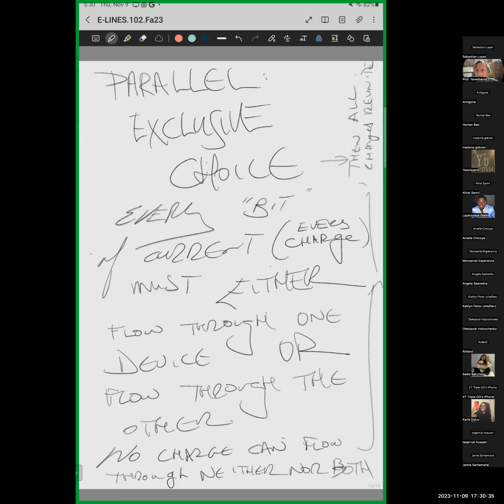And every bit of current has to be accounted for. This is what parallel literally means, that every bit of charge you consider is either going to go one way or the other way. But no bit of charge is going to go both ways, and no bit is going to go neither way. And then at the end, after they each fork in the road, somewhere in the circuit, maybe not right away, but somewhere they all reunite. So that's what parallel means. It doesn't matter how it's geometrically arranged on the table.